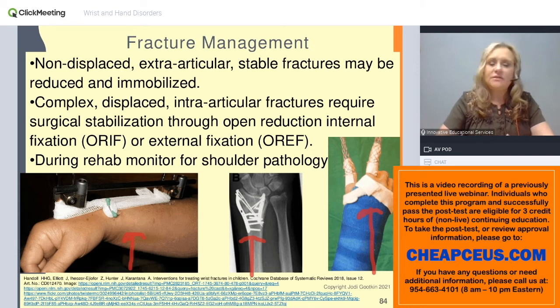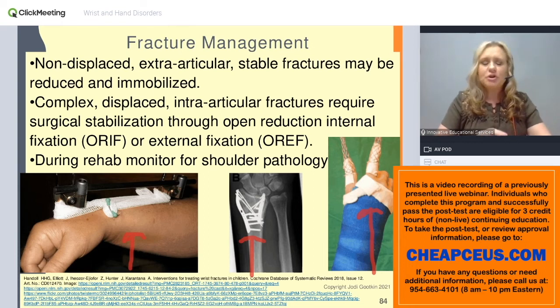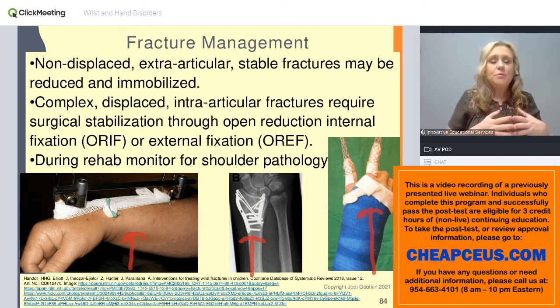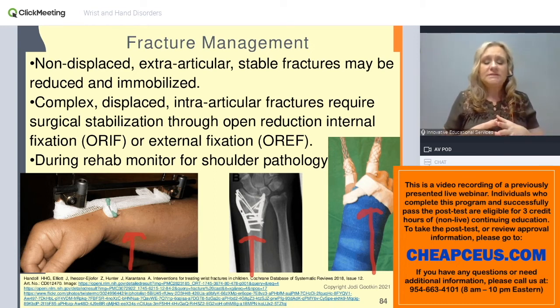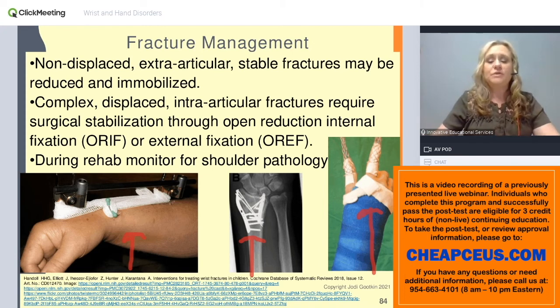They really found variance in how the different fractures were managed, and they all did have improvements in function. The one trend that did seem to emerge is a shift moving away from casts to more splinting for the buckle type of fractures to allow for earlier movement to retain some of that mobility of those carpal joints.